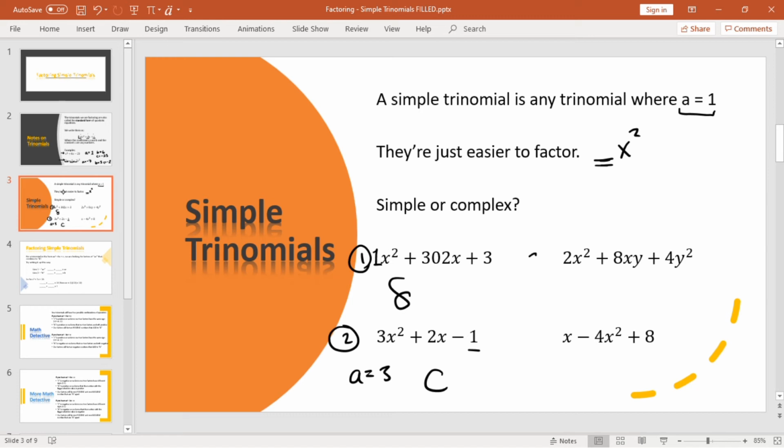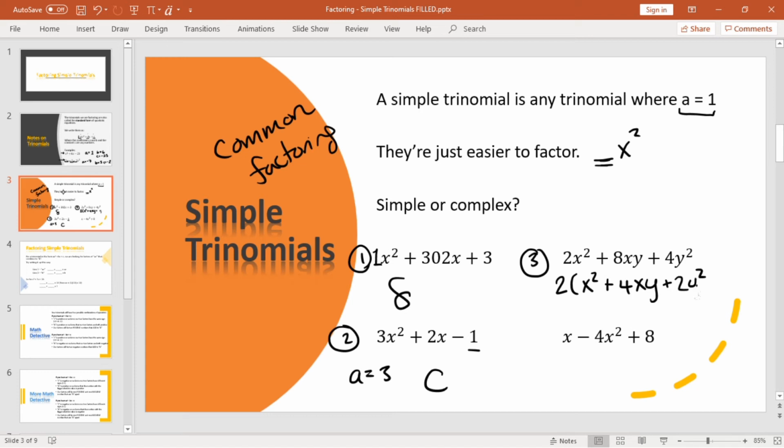Looking at number 3, simple or complex? Now be careful, because remember common factoring. This is where you really want to be using your common factoring. It looks like a complex trinomial, but I can divide 2 out of all the terms. And it has some y squareds as well.